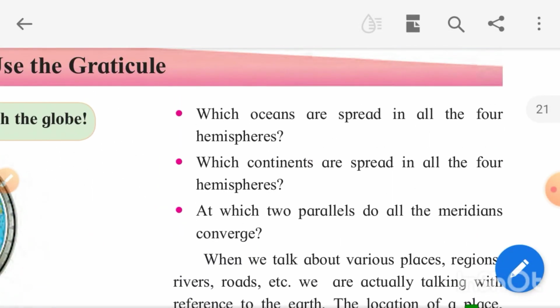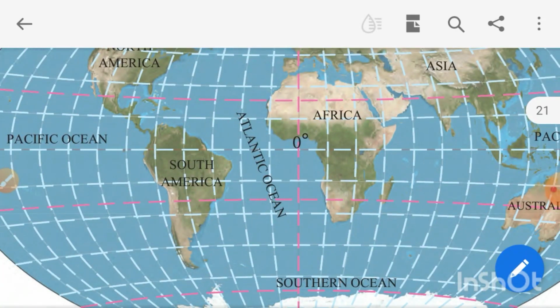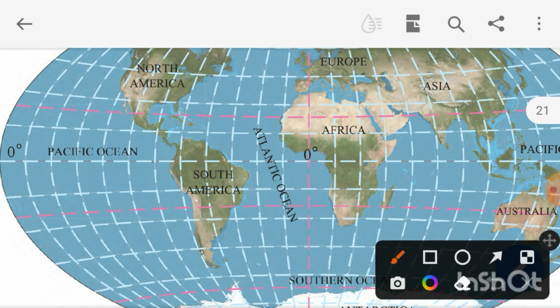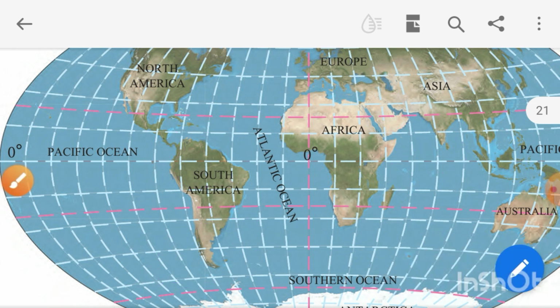What about which continents are spread in all four hemispheres? So let's say South America, but South America is only in the west. It's in the south as well, but South America is not here. Okay, it is not in the east. And yes, so let's say which continent is there.